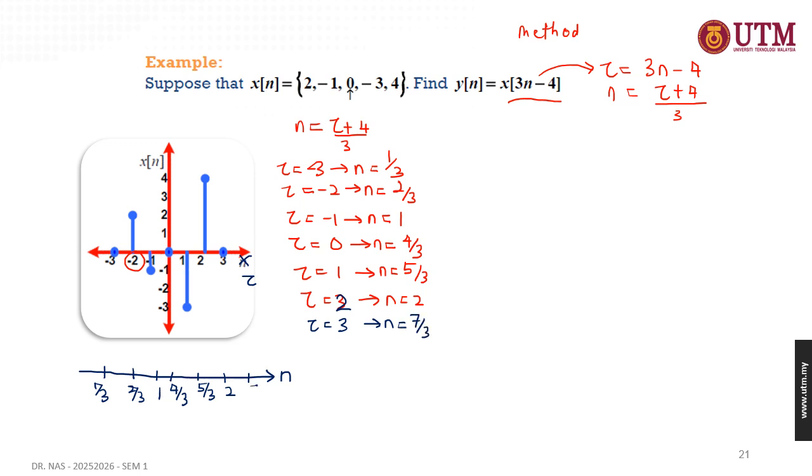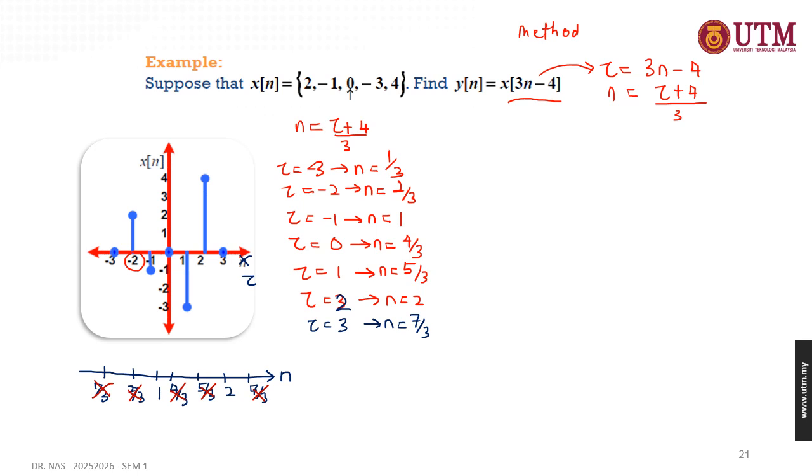Okay, 7 over 3. So obviously, when you have a fractional point, you don't have to consider the signal. So you can just ignore this point, this point, this point, and this one as well. What remains is just the amplitude at the whole numbers.